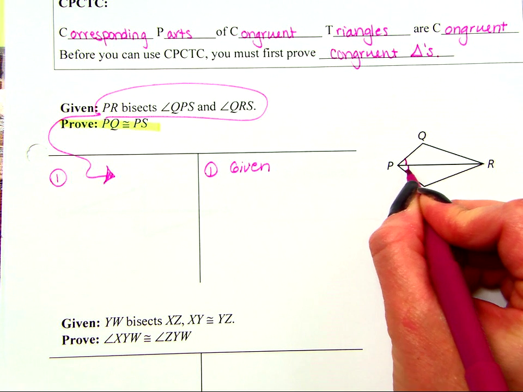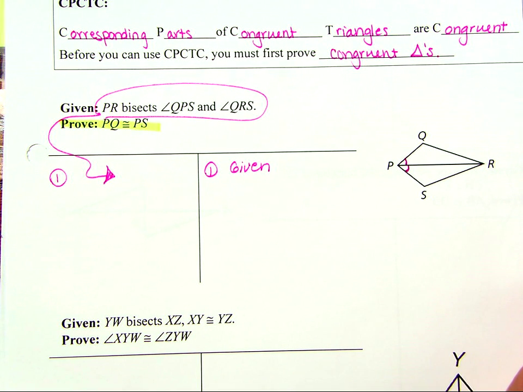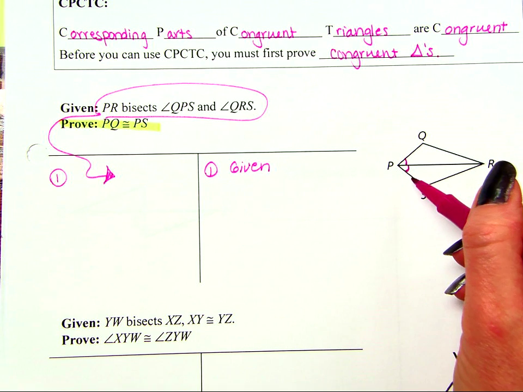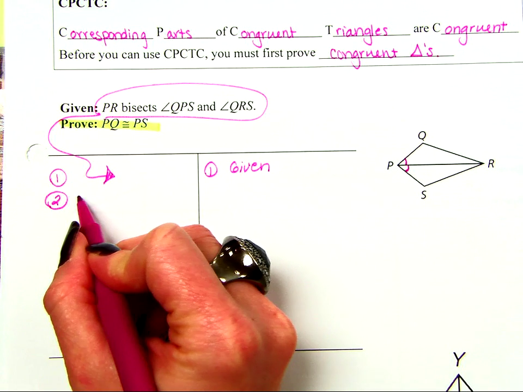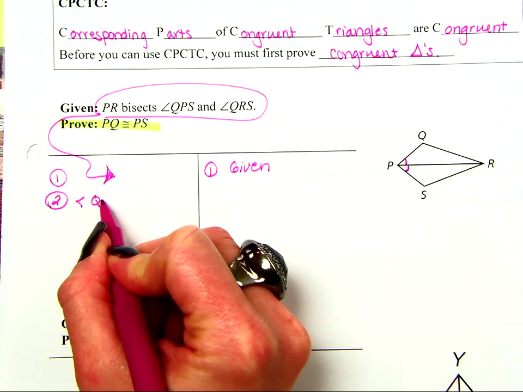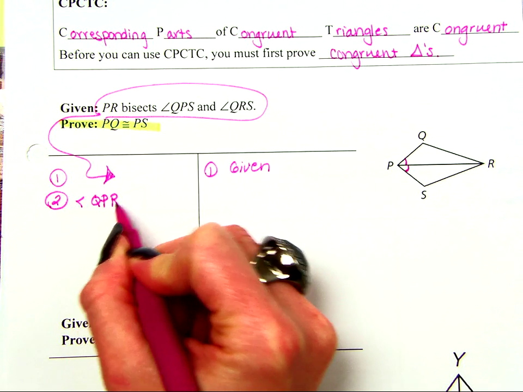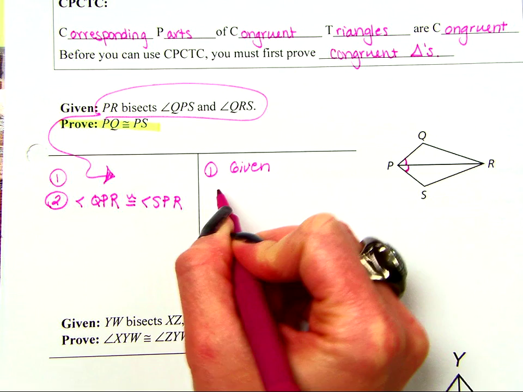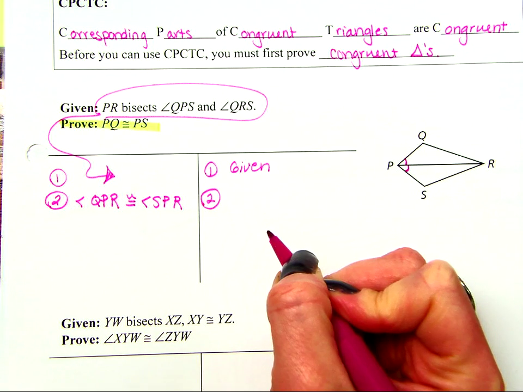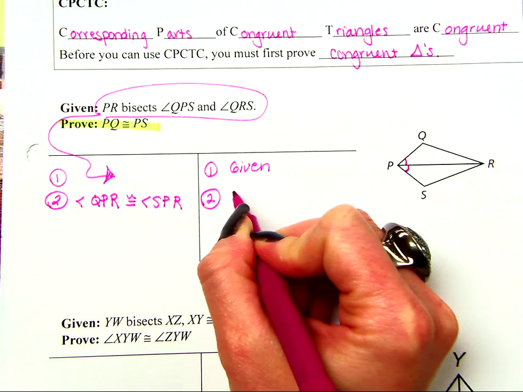And so these two parts of my angle are going to have to be congruent. Now if I make that marking, I'm going to have to go ahead and come over here and make that statement. That my angle QPR must be congruent to angle SPR. Why is that so? Well, that's because we have our angle bisector.